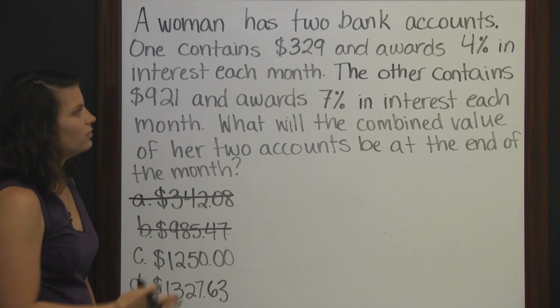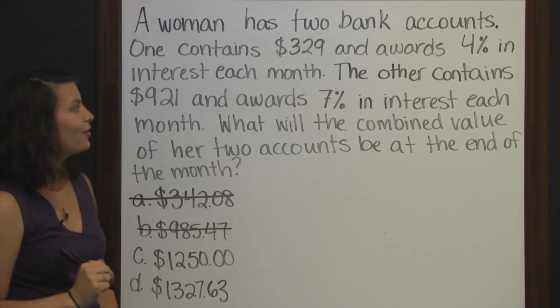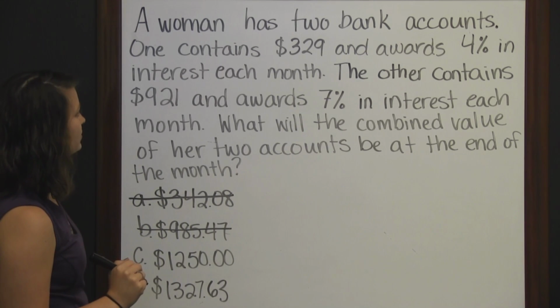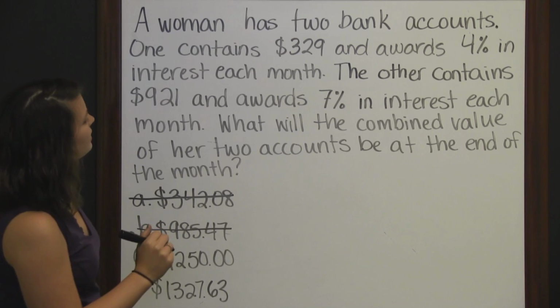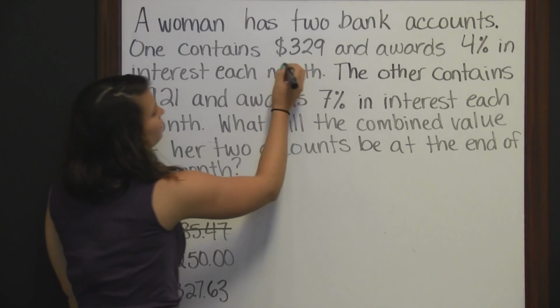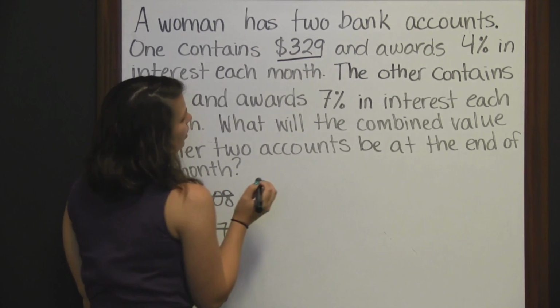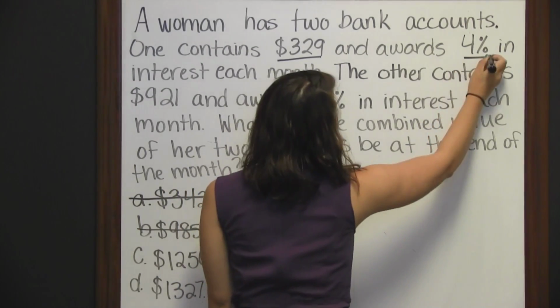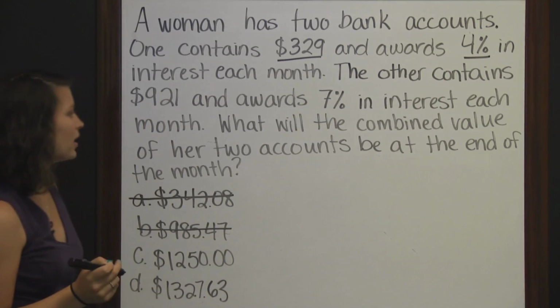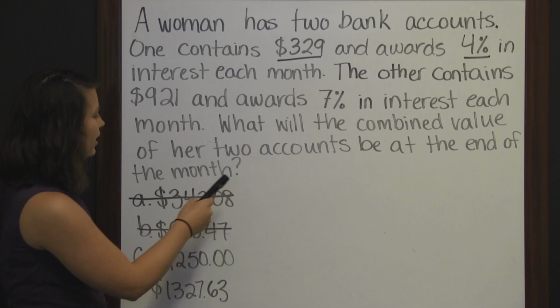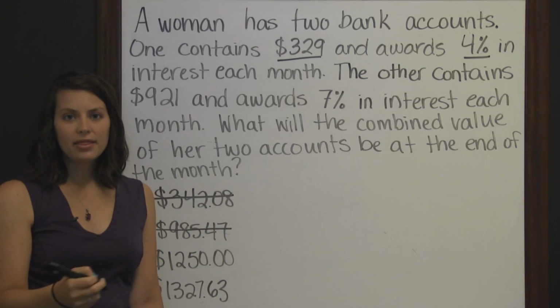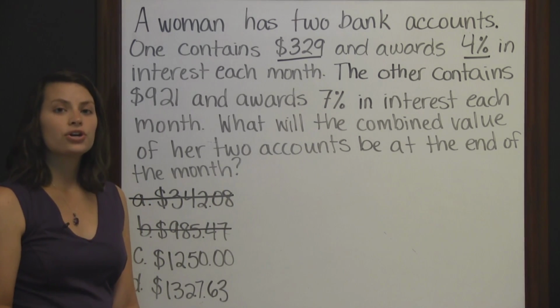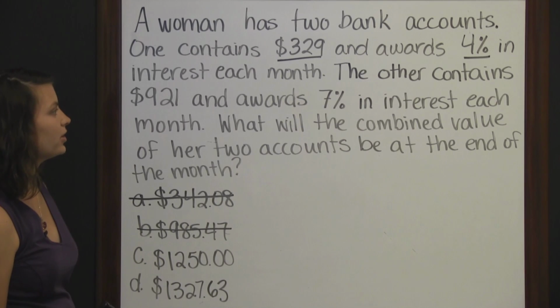With these last 2, we may actually have to do a little bit of calculating to figure those out. So it says her first account is $329 and she gets 4% in interest each month. We're trying to find the combined value at the end of the month, which means that she has earned that interest for each one of her accounts.